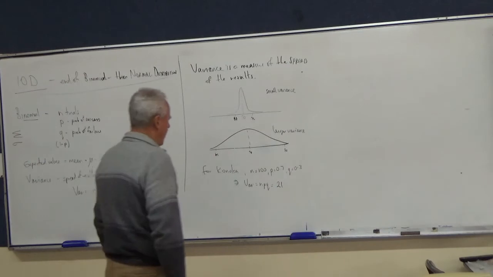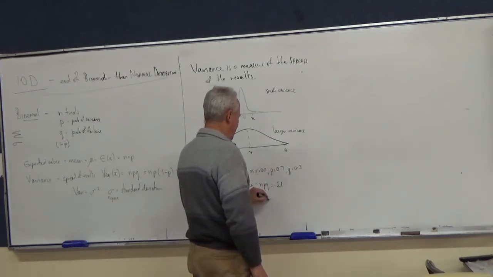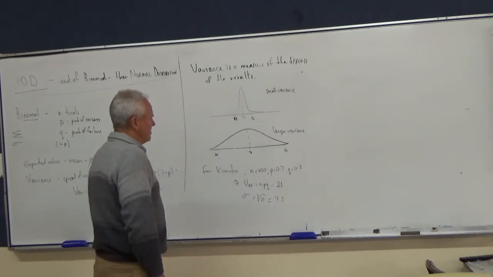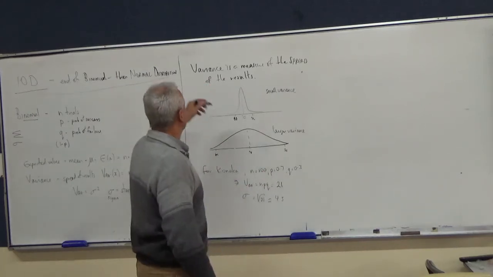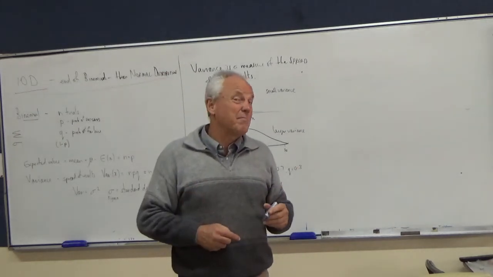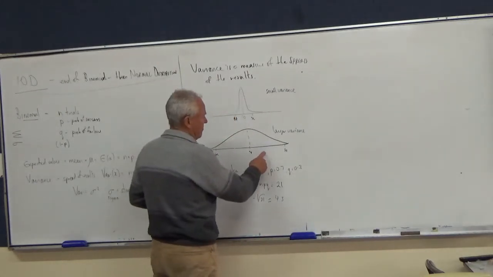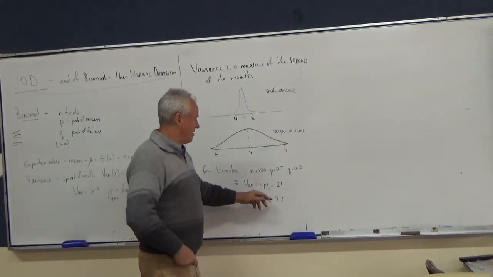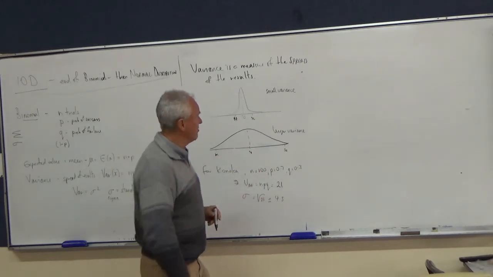So 21, that means that sigma is equal to the square root of 21, which is about 4.5. If we've got a standard deviation of 4.5, we'll see with the normal distribution in a moment that we're expecting most results to be within about 3 standard deviations of the mean. So 4.5, another 4.5, and another 4.5. So we'd expect just about everything to be within about 13 or so of the mean. So that's not a bad diagram, it would correspond to it pretty well.